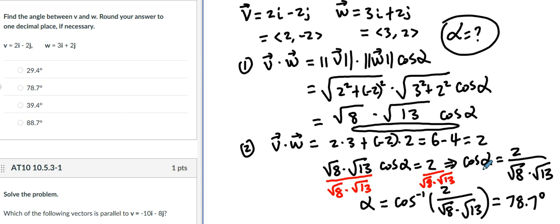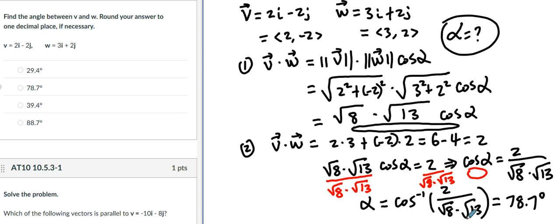You have cosine alpha is 2 over radical 8 times radical 13. That's the value for cosine alpha. Then alpha will be cosine inverse of 2 over radical 8 times radical 13. We'll get 78.7 degrees. How did we get that?